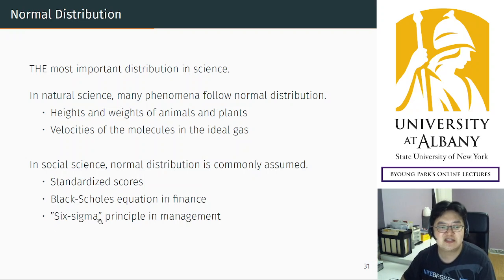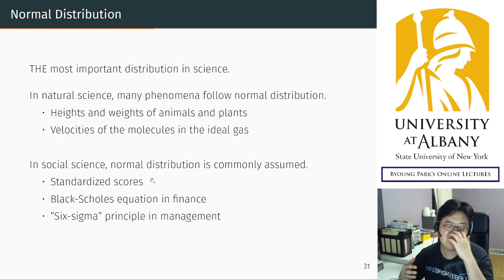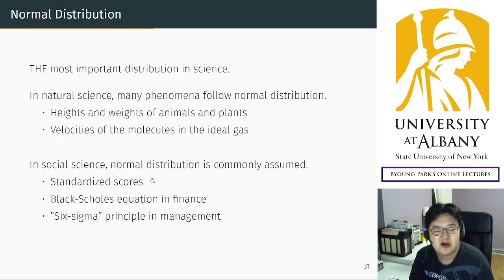Six Sigma was their principle that made them famous. They try to make the error less than 6 sigma. So Six Sigma is also based on the normal distribution assumption. Anyhow, these important and famous theories in social sciences use the normal distribution.